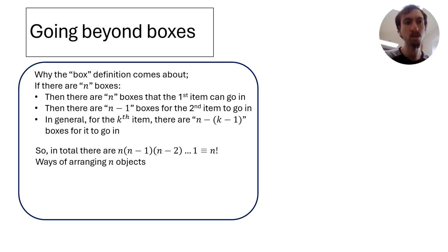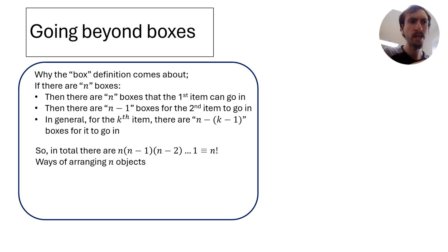So if we want to work out how to arrange n distinct objects, like n distinct images, what we can do is think about having, say, n slots to put those n images. And then if we pick one image at random, it doesn't matter which image, there are n slots that image can go in.